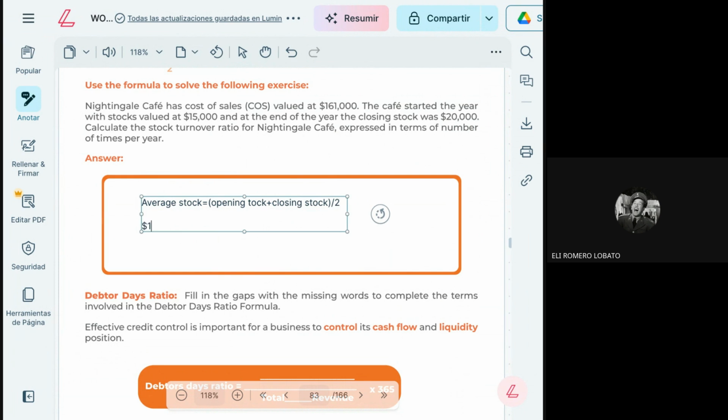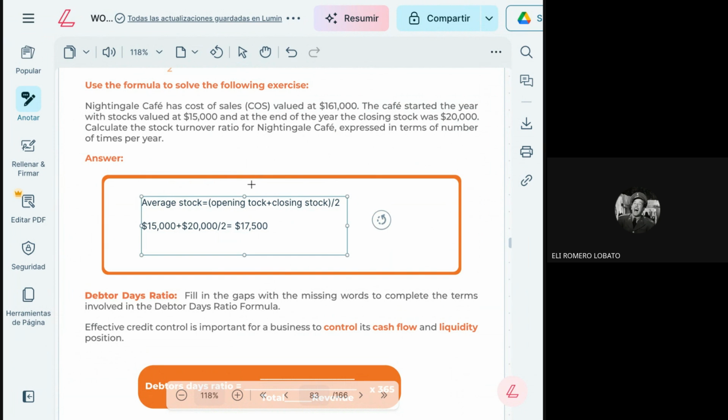We got 15,000 plus $20,000 over 2. That's equal to 17,500. Now, this is our average stock.